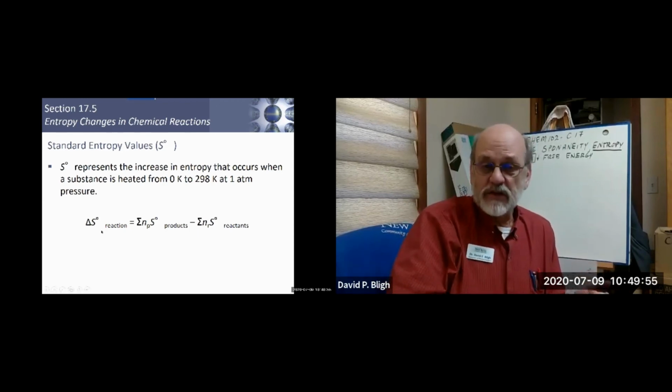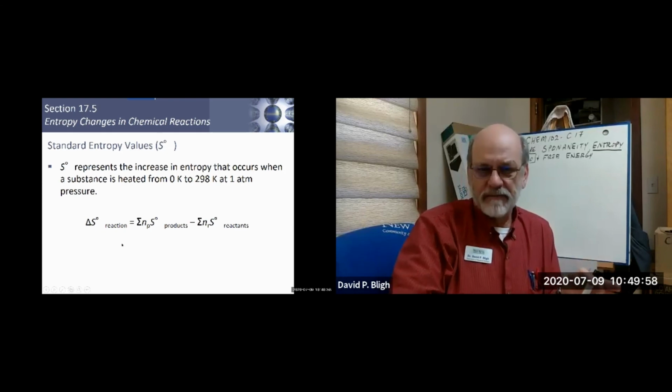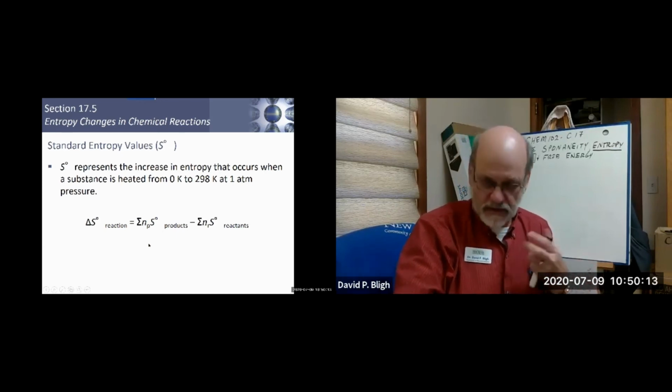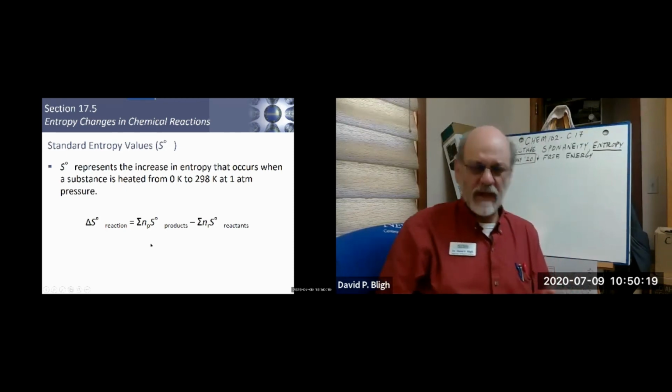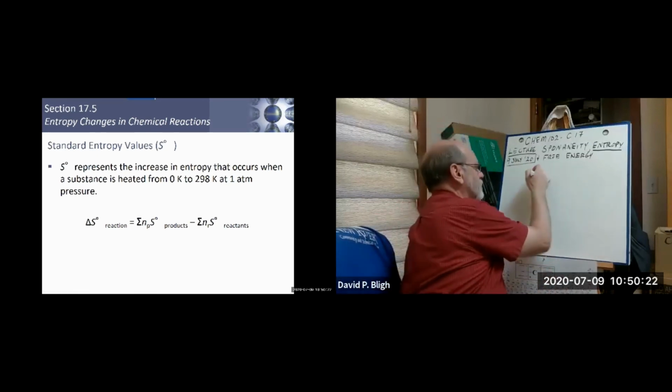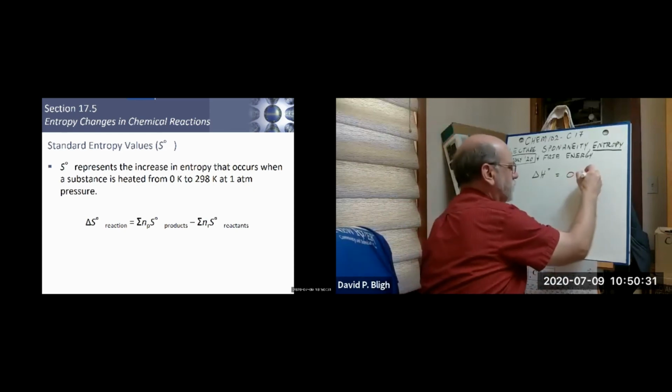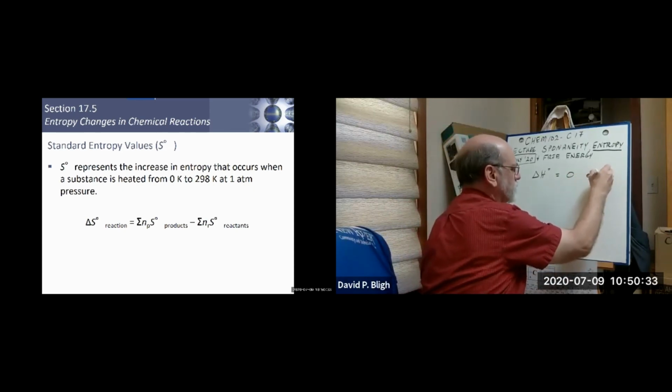So you can calculate it just like we did with enthalpy, right? The change in enthalpy for a reaction is the sum of the changes in enthalpy for the products minus the reactants. That's what that means. This is analogous to the enthalpy calculation. But the difference is, for enthalpy, the enthalpy is 0 for elements in their standard states.